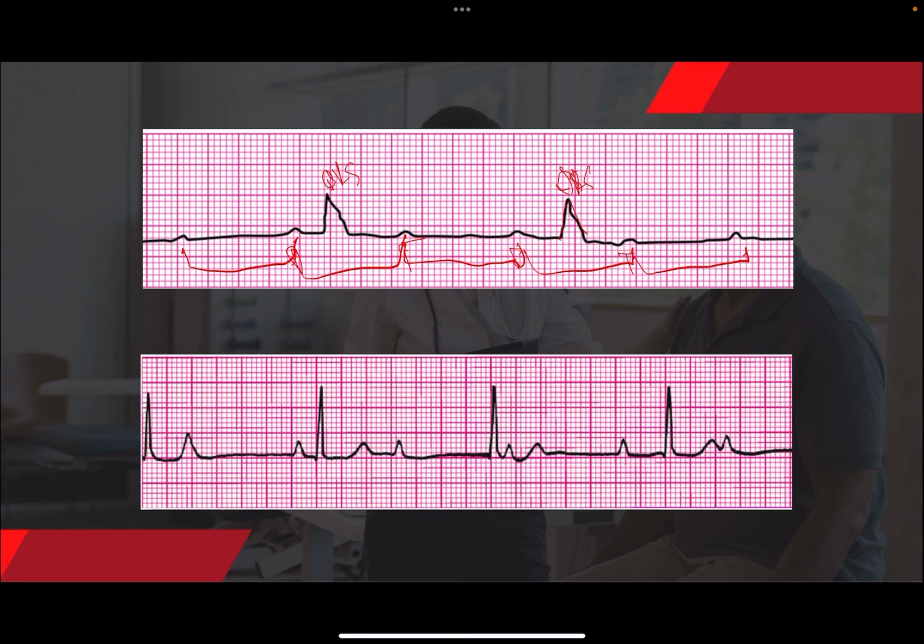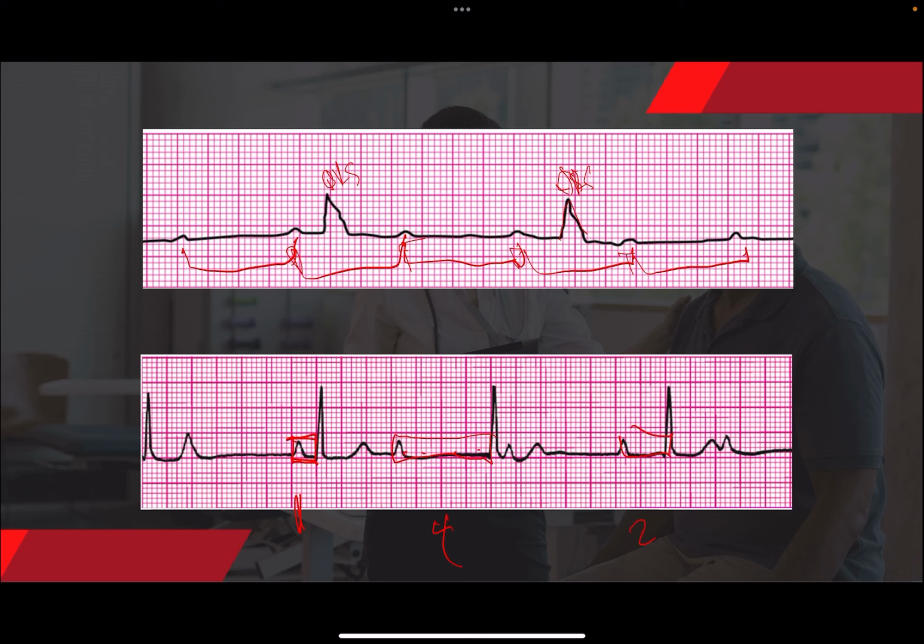This one, it's much better. We can see actually the PR segment, what's the measurement of the PR segment. Okay, let's count this. 1 box, 1, 2, 3, 4. 4 boxes, 2 boxes. So 1, 4, and 2. No pattern. It's not progressively increasing.